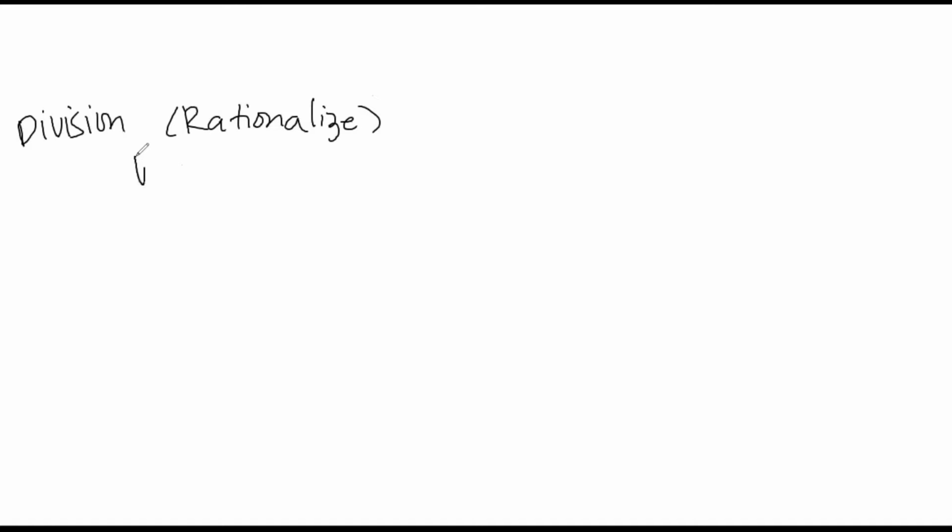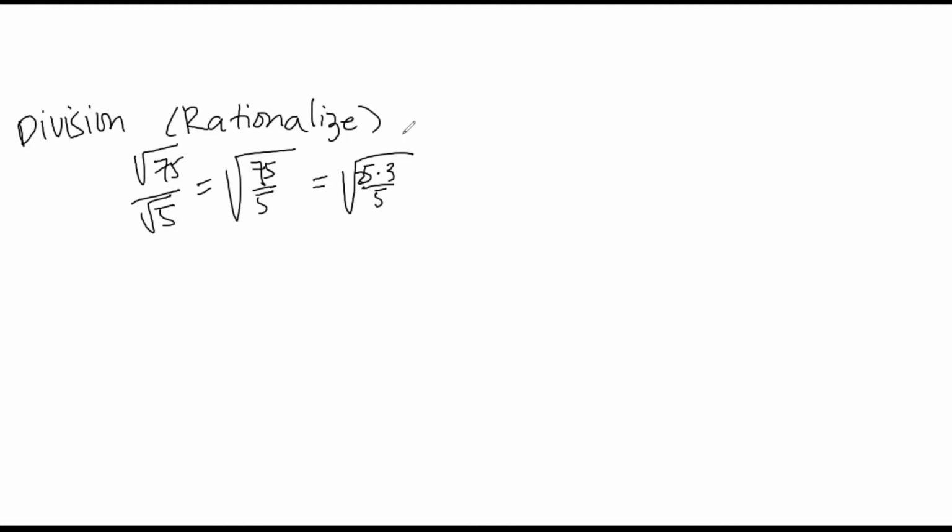So, for example, we have square root of 75 over square root of 5, or root of 75 divided by root of 5. We can also write this in the same radical, 75 over 5. 75 is equal to 25 times 3 divided by 5.